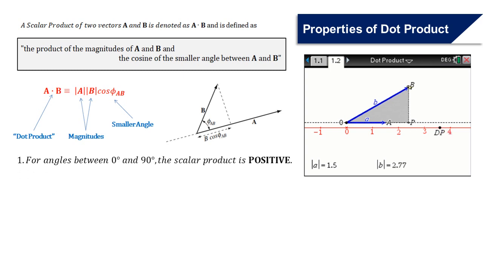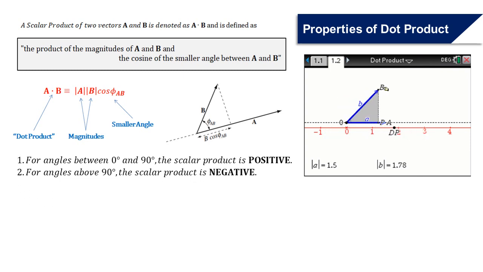So first property, for angles between 0 to 90 degrees, yung scalar product daw natin is positive. So makikita naman natin yan dito. No? Habang lumalapit siya sa 90 degrees, magiging 0 siya. Pero pag mas maliit sa 90, positive value siya. Okay?